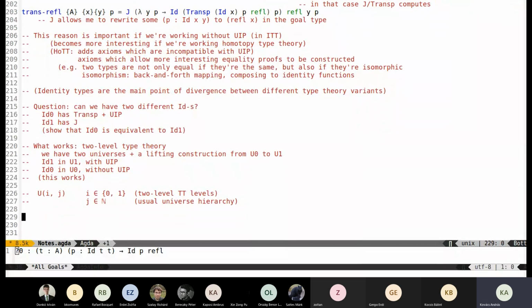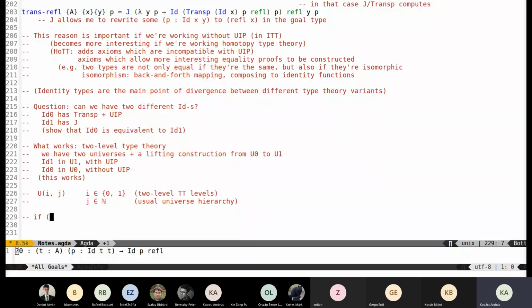And then in two-level type theory, we would say that there is a lifting operation which is very specifically about going from this 0 to this 1. So there's a lift which says that if I have some A which is a type, this lifting operation is not a function internally, it's a built-in operation in the theory.